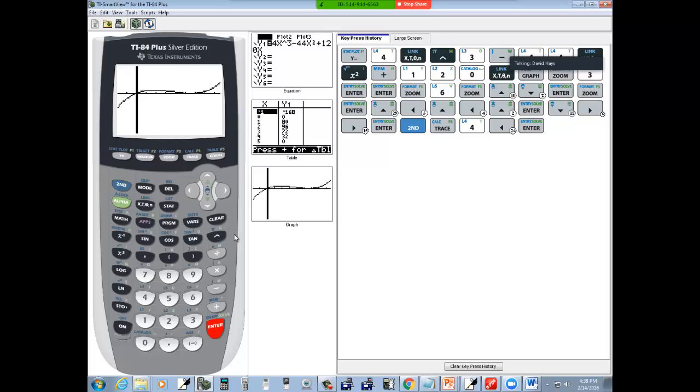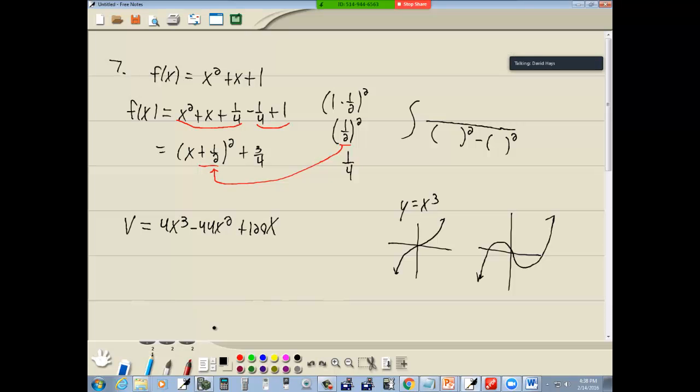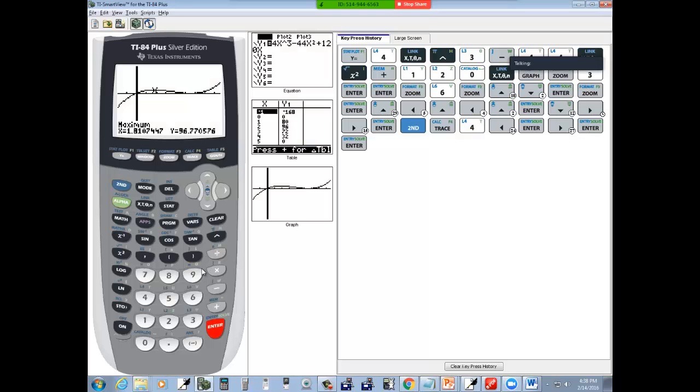Now press enter one time. It'll come up and ask me for right bound. And I'll press my right arrow key until I'm to the right of where I think the maximum is. And then I press enter. And for the guess, you just press enter on it. And that would tell us that our maximum occurs at 1.8.